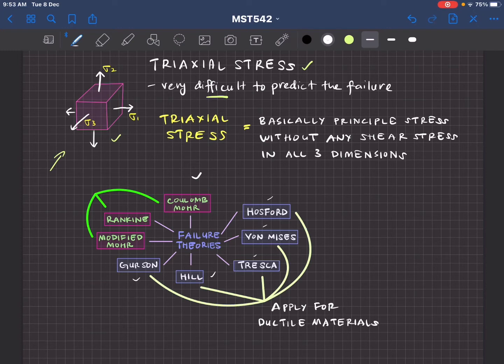And then we have other methods such as Coulomb-Mohr, Rankine, and modified Mohr that we can apply for brittle material.